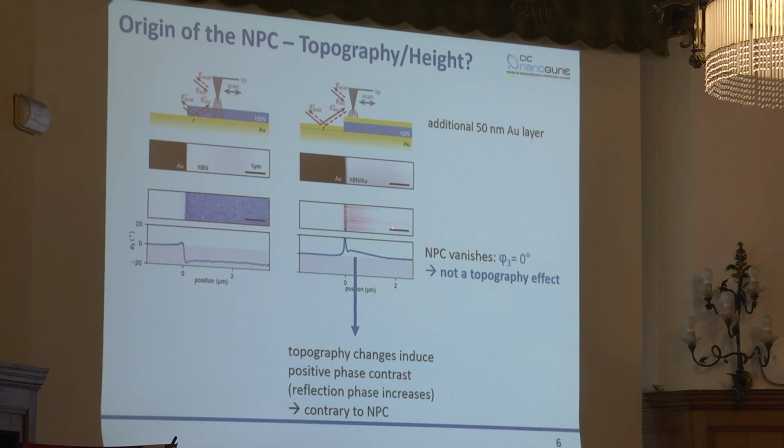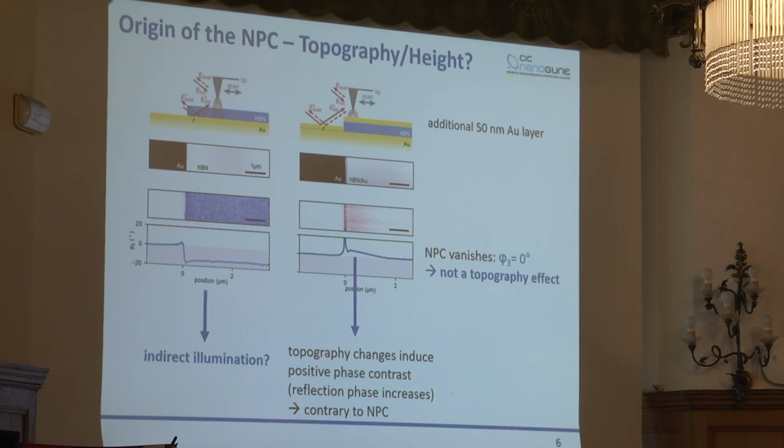And what you can see here in the phase image is that you do not have this negative phase contrast anymore. What you see instead is this small positive phase contrast. Actually, this is because now the topography is changing, and the reflection phase increases. So this is basically a contrary effect to the negative phase contrast we observed.